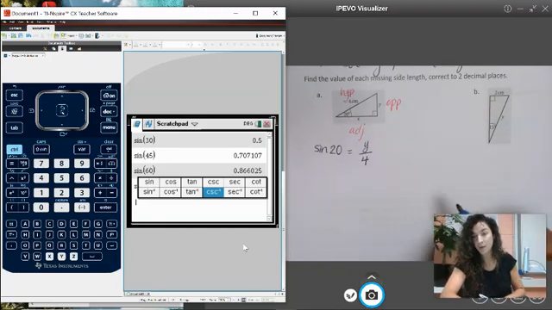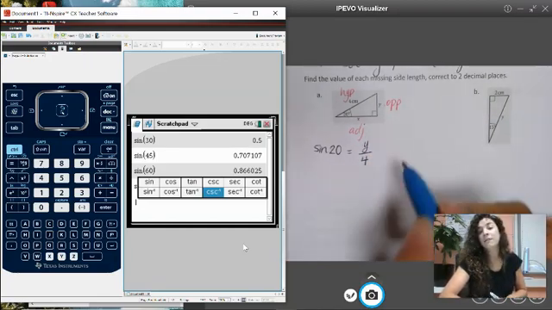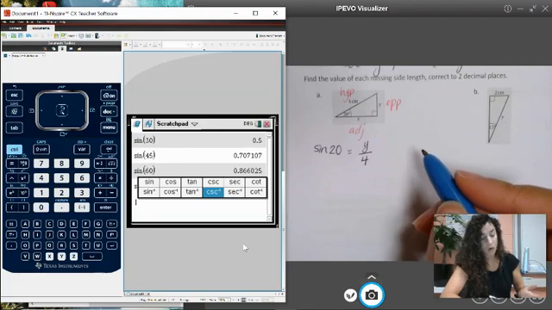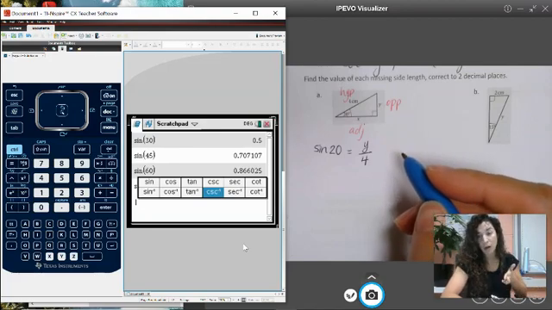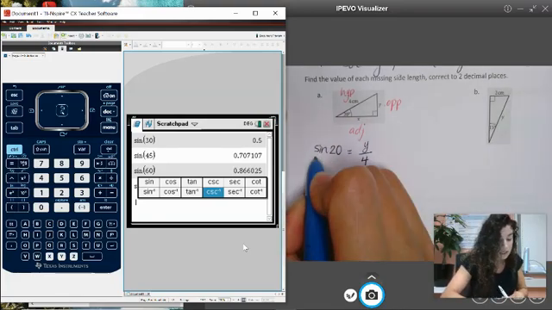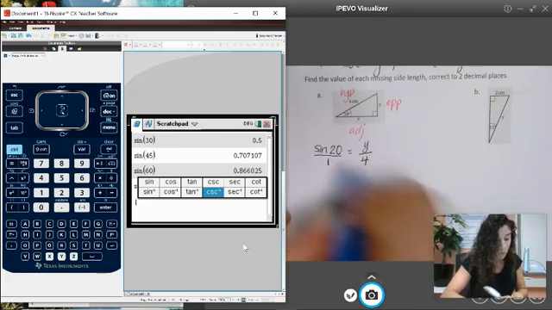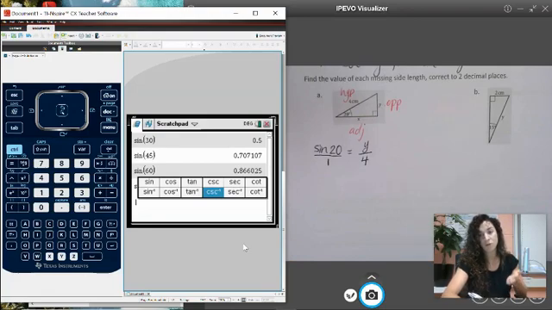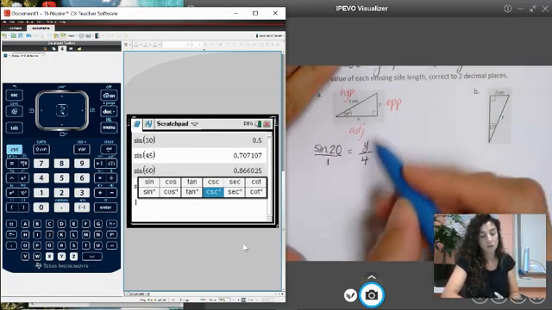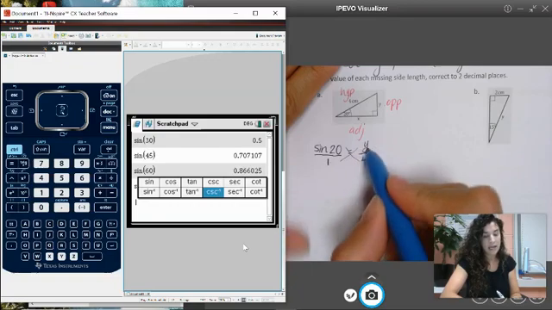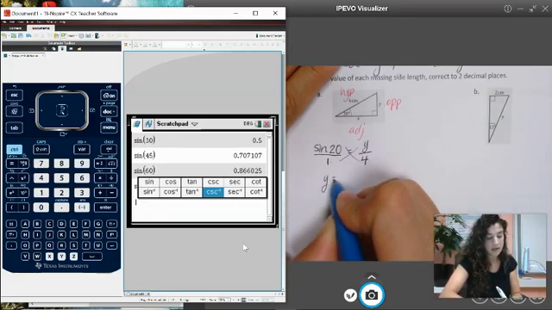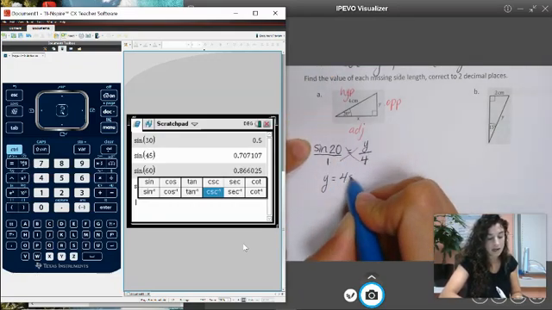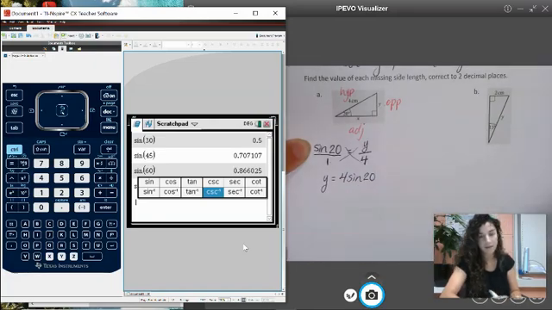We need to get y alone in order to solve this. If you know what to do, which is multiply both sides by 4, awesome. If you really struggle with problems that look like this, that is fine. I've noticed it really helps a lot of students to put the sine of 20 over 1, because I think a lot more students feel comfortable doing cross multiplication. If that's something you're like, oh, now I know what to do, then do that every single time. So here we would cross multiply: y times 1 is y equals 4 times sine of 20.